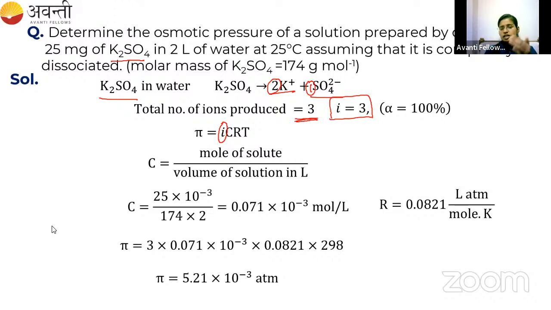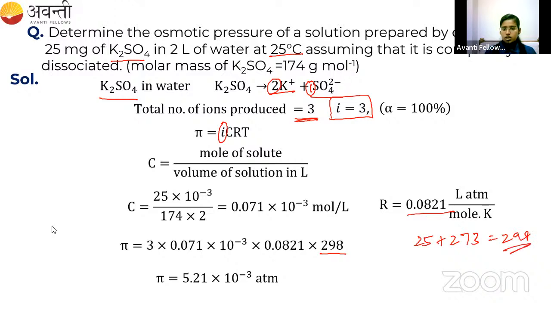So you can substitute the i value as 3 in this formula. The remaining concentration, R value, T value, everything you can get from the question. All of you know the R value, right? 0.0821. And the temperature is given as 25 degrees Celsius in the question. You can convert that to Kelvin. How will you convert? 25 plus 273. So that will give you 298 Kelvin.